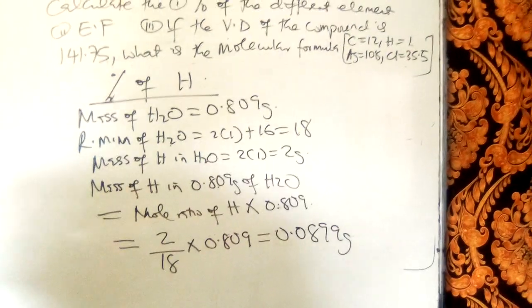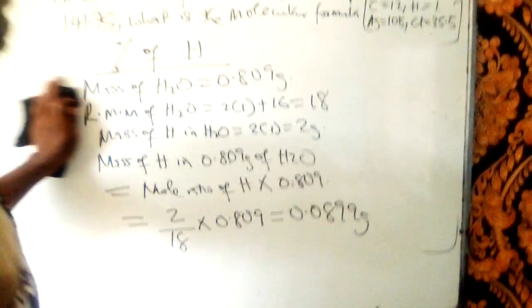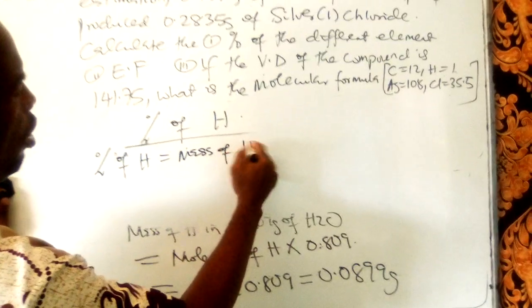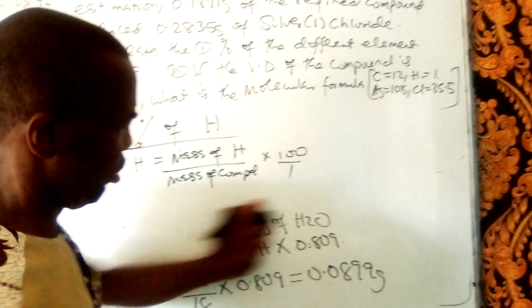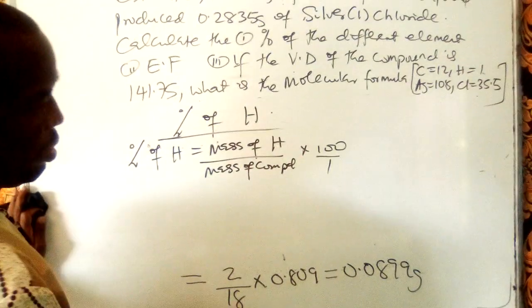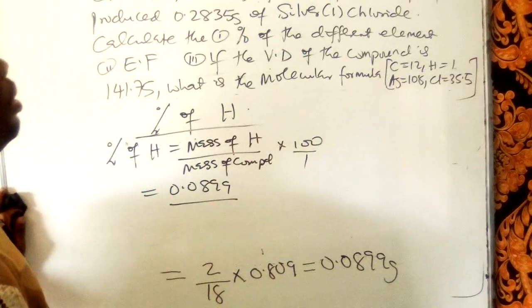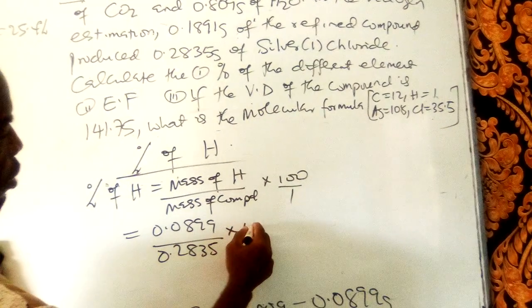Now, to find the percentage of hydrogen in the compound, that becomes mass of hydrogen all over mass of compound multiplied by 100/1. So mass of hydrogen is 0.0899 all over the mass of the organic compound, which is 0.2835, multiplied by 100/1.